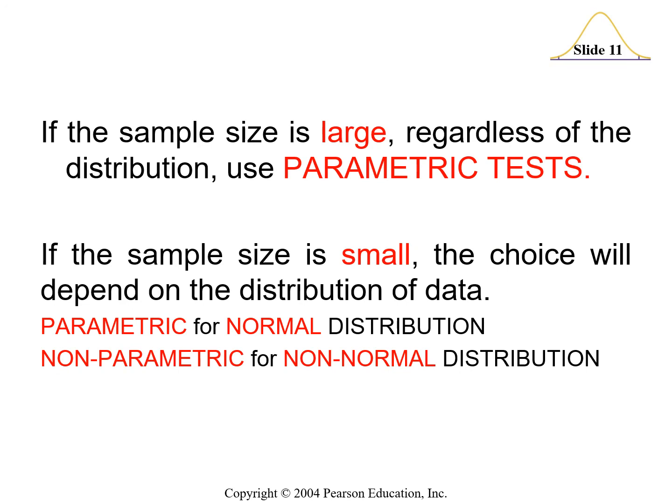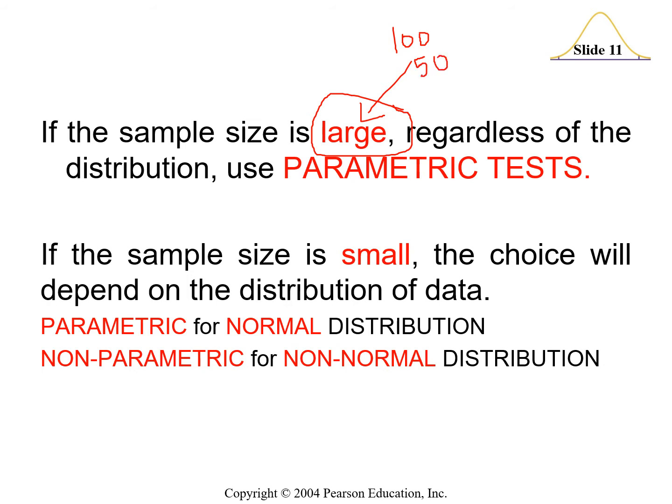If the sample size is large, and statisticians do not agree on the extent of large, anyhow, if the sample size is large enough, regardless of the distribution, use a parametric test. Some statisticians say that large means more than 100 cases. Others say that large means more than 50 cases.